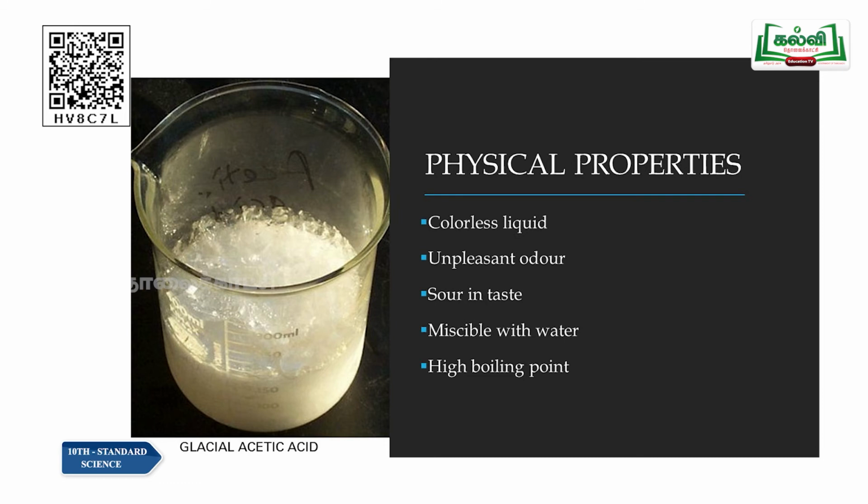When acetic acid is cooled, it forms ice-like flakes, which you can see in your picture, and it gives the appearance of glaciers. Therefore, this is called glacial acetic acid. Acetic acid at a low temperature, which gives the appearance of glaciers, is called glacial acetic acid.